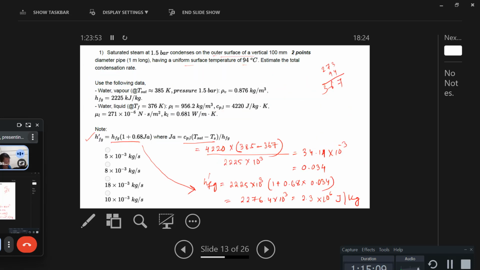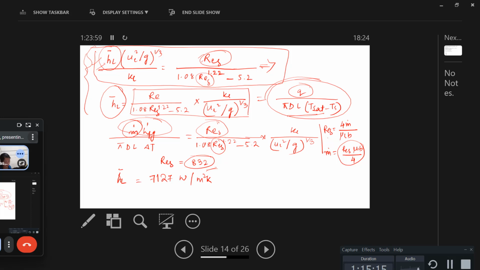Now if you get the value of HL, we can write m dot as, so from here we can also calculate Q.